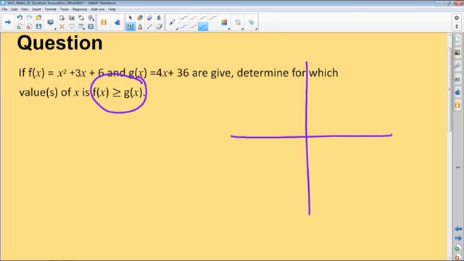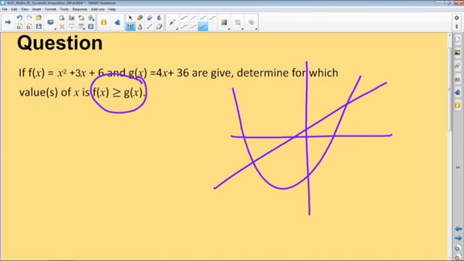Your rough graph, I'm just drawing out of my head, and then the straight line. Then from there, you check where the straight line is greater than. So making this example, okay, where is the parabola above the straight line? If you can't work that one out, okay?